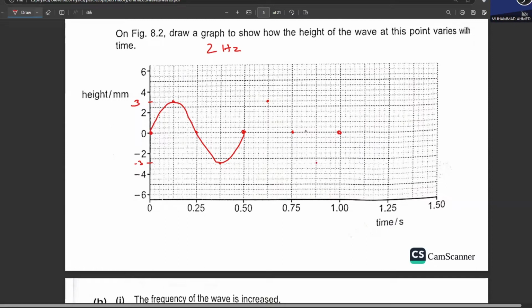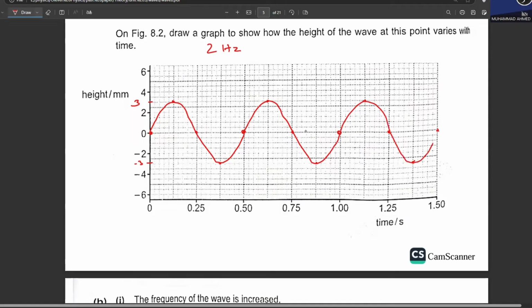And this will be -3. So, yeah. Make sure the amplitude in the positive and negative direction is both 3. Let's make 3 here. Let's make 0 here. Let's make 3 here. Let's make 0 here.